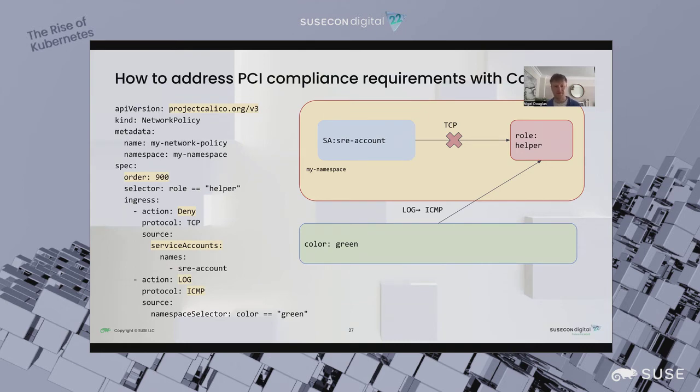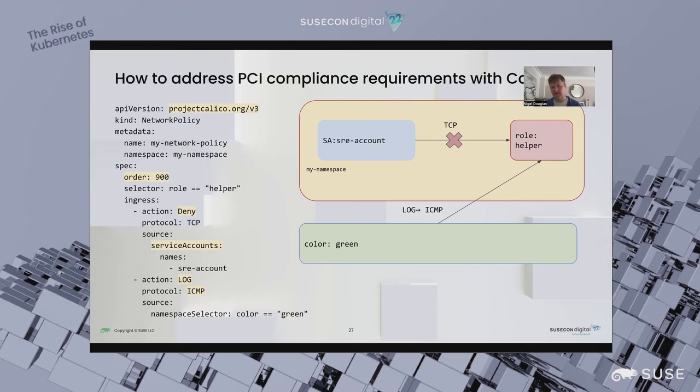Now, if you look at the policy on the left, what it's saying is for ingress, the action is explicitly deny to or from the service account SRE account. Anything else that might be coming from a different direction, you can log that traffic, log ICMP traffic specifically from anything coming in from color is green.